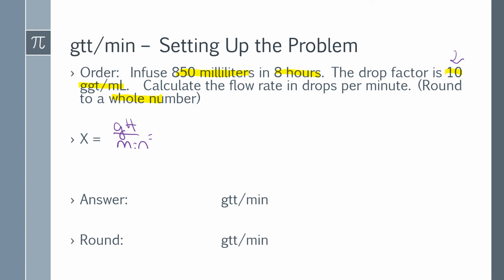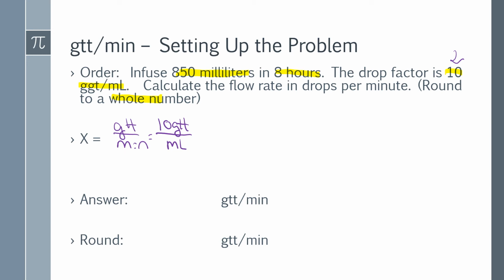So we have 10 drops per milliliter. That's not all the information that we need to use, because we don't want drops per milliliter, we want drops per minute. You can either go to milliliters next, or you can go to hours next.